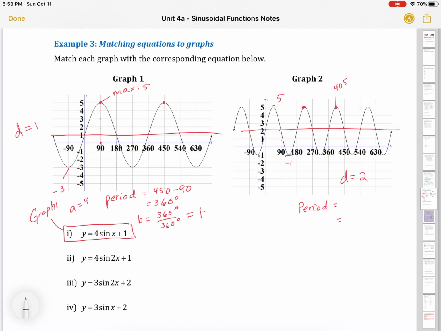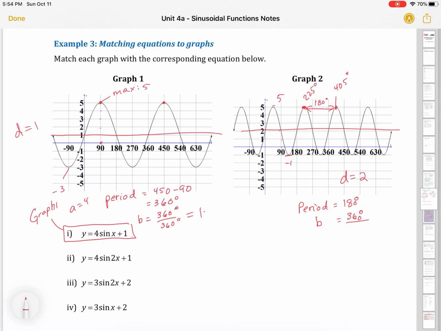So this is at 4:05, and this is 225 degrees. So the period is going to be 4:05 minus 225. So it's going to be 180 degrees for my period, right? So the period's 180.